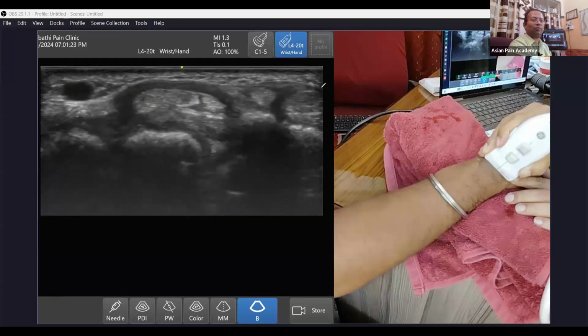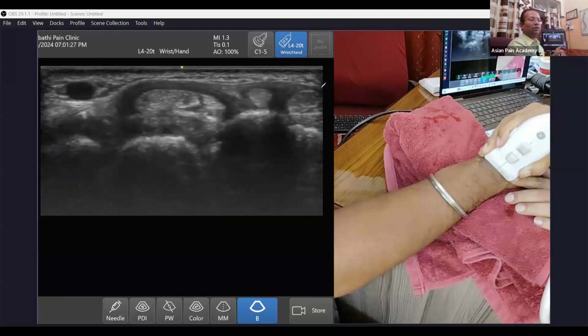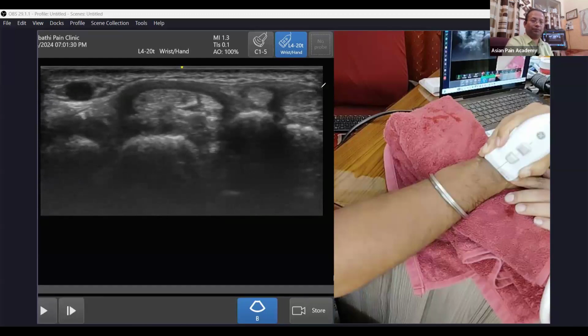This is the radius lower part. Okay. If you are not understanding, okay. This is the radius. Okay, this is the bone, and these are extensor retinaculum.